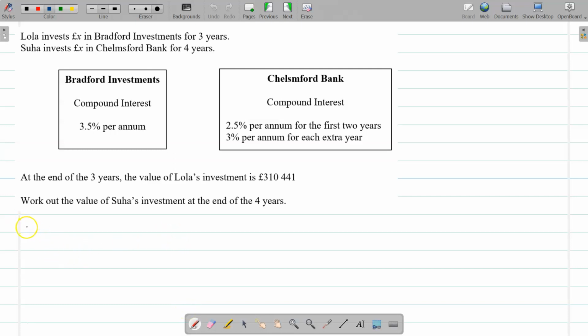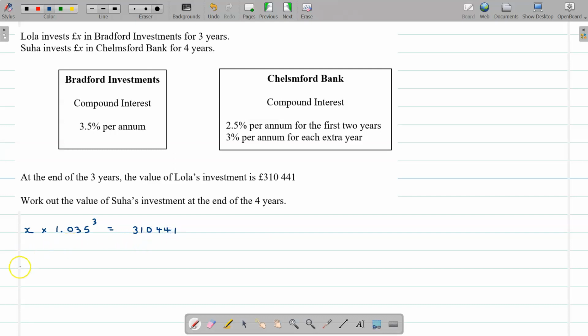So we know that if we took X, whatever it is, and we multiplied it by 1.035 cubed, that's how you do a 3.5% interest increase 3 years in a row, we would get this, 310441.